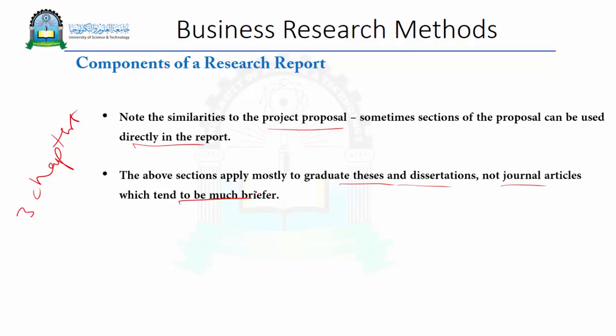Talking about thesis and dissertation, we're talking about a report of at least 100 pages or more, 120 pages or more, might be 250 pages. But a journal article shouldn't exceed 30 pages. So when we write journal articles, we must be much more brief.